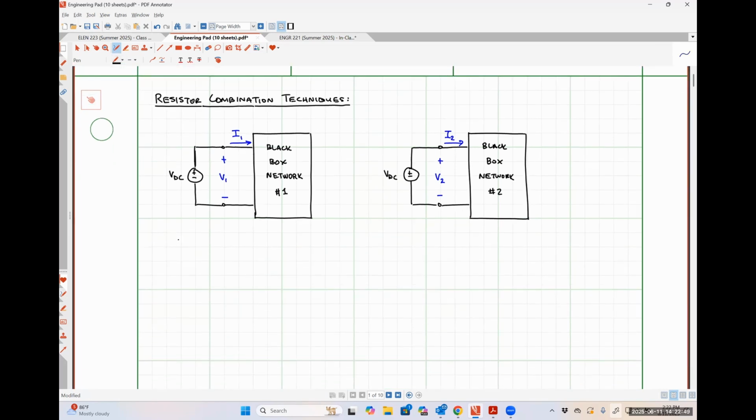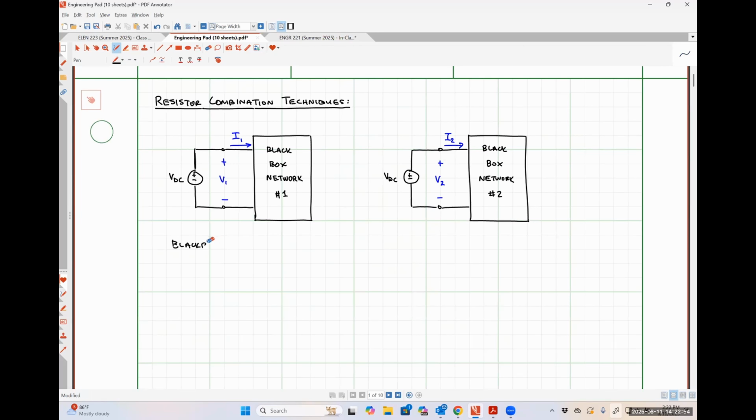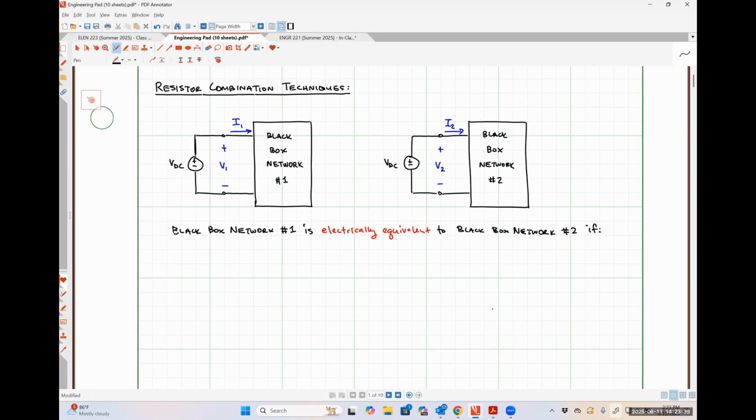we can say that black box network number 1 is electrically equivalent to black box network number 2 if the voltage measured across the terminals of each network is the same, which means V1 must be exactly equal to V2, and both of these things have to happen simultaneously.